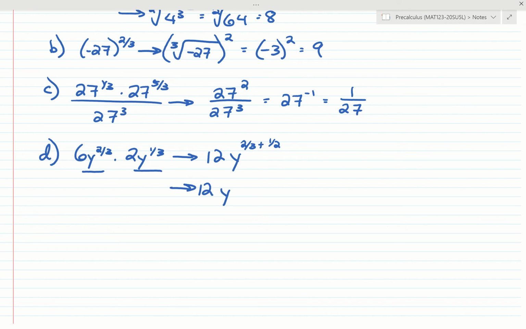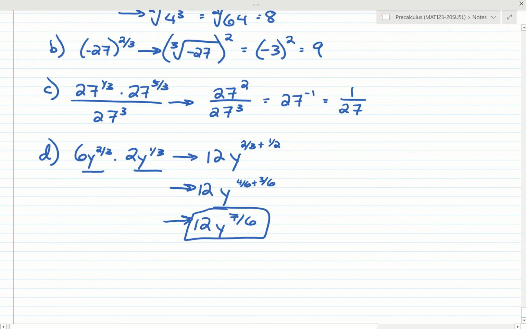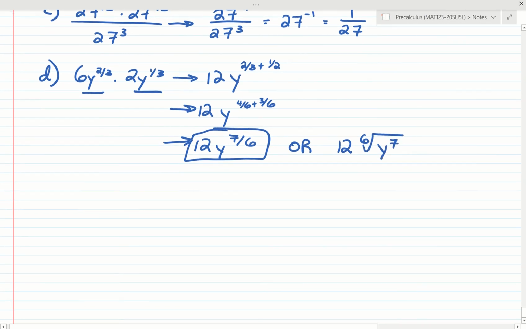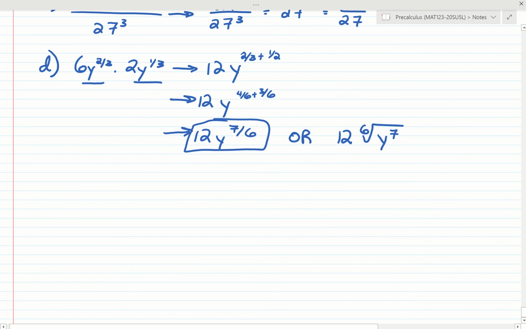So if we multiply top and bottom here by 2, we get 4/6 plus 3/6 would give us our answer 12y to the 7/6. We'll learn how to reduce this in the next section, but for right now that's good enough. Or, we could even write 12 times the 6th root of y to the 7th. We have a few different ways we could write it. It's just important that you're understanding what I'm doing right now.